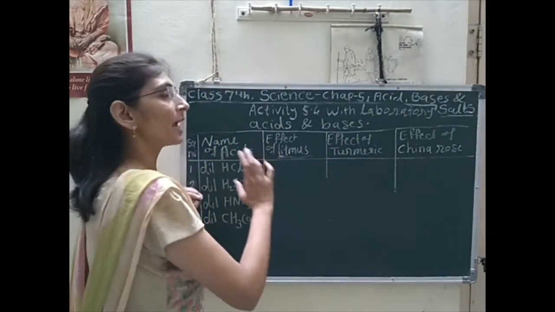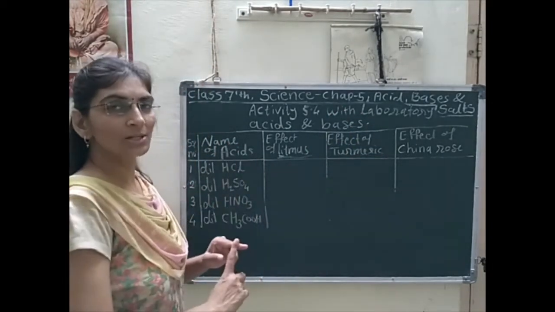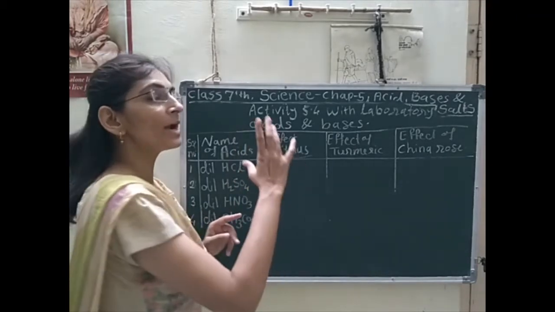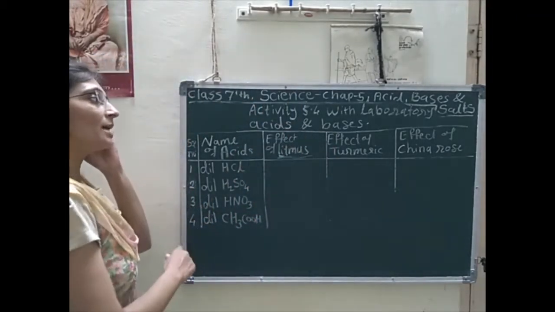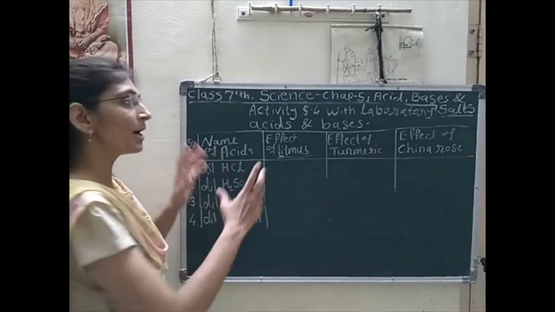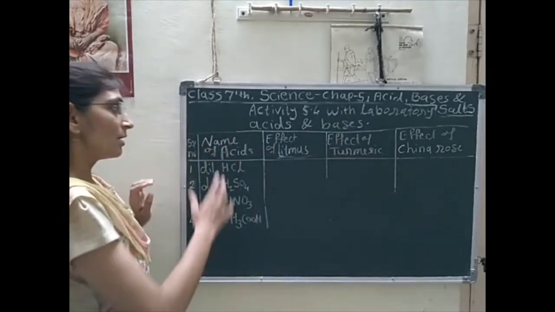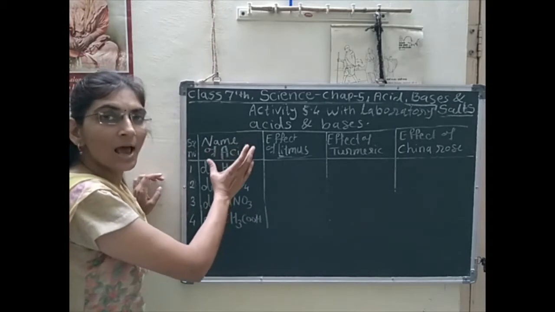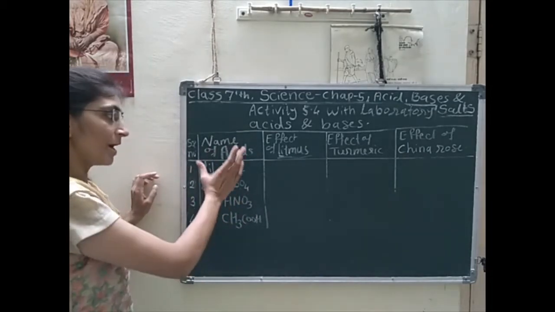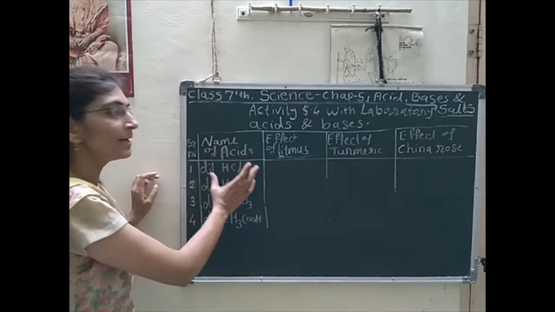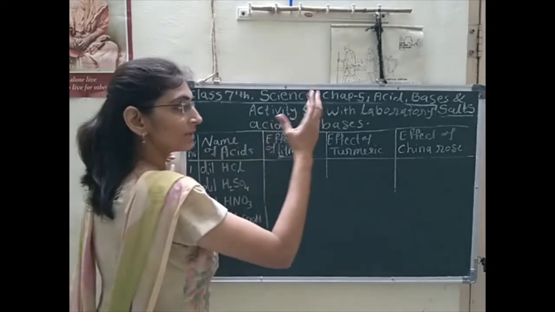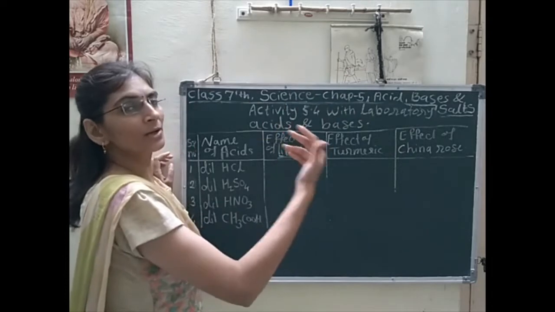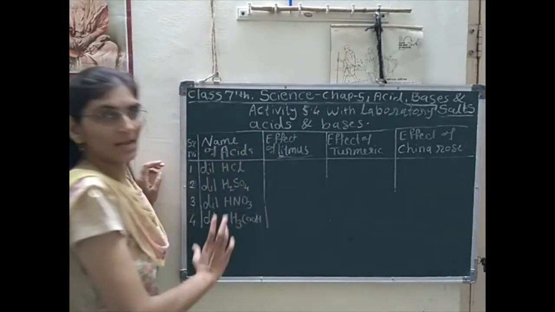The table is given in your textbook also, in Table 5.5. Like that Table 5.5, you have to make two tables. One table is for the acidic samples, where we write the names of the acids, and another table is for the basic samples.